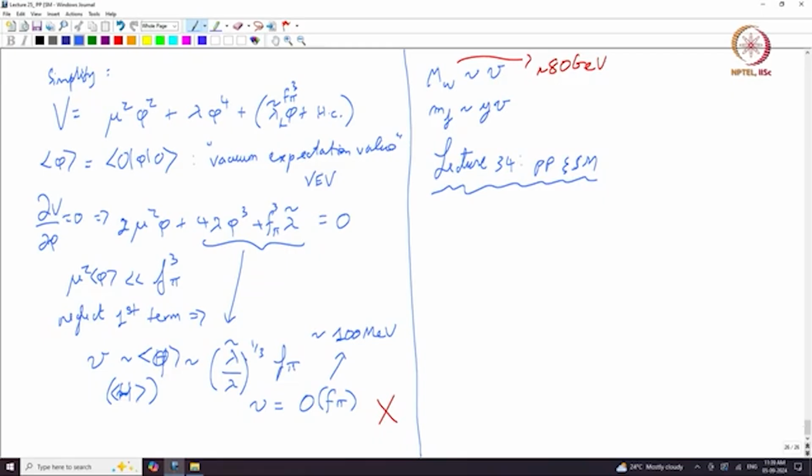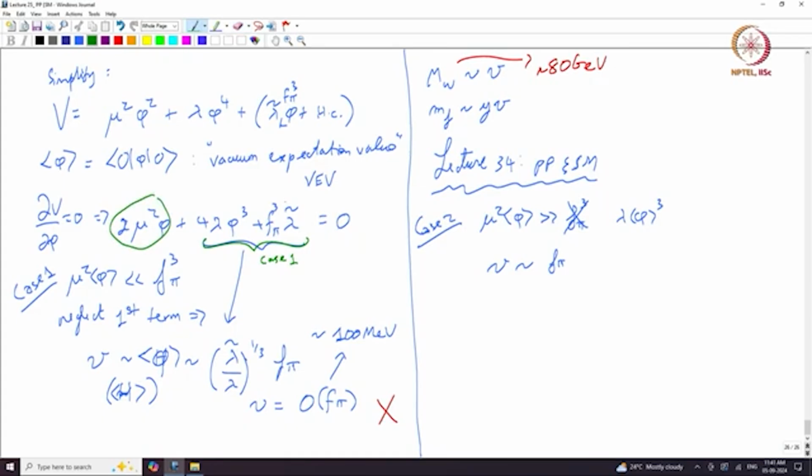Now, let me ask, let me call this case 1, case 2 is what? In the minimization condition, obviously it is the other way around. What happens if the first term and the third term, if I retain these 2, that is case 2?